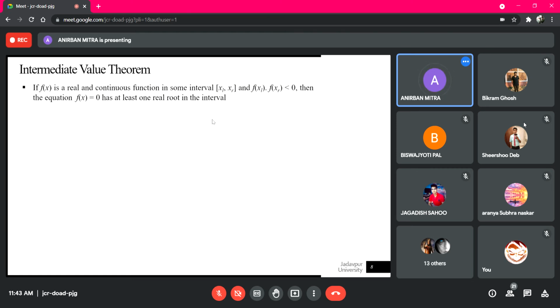By the way, I should mention, one real root in this interval xl, xr.